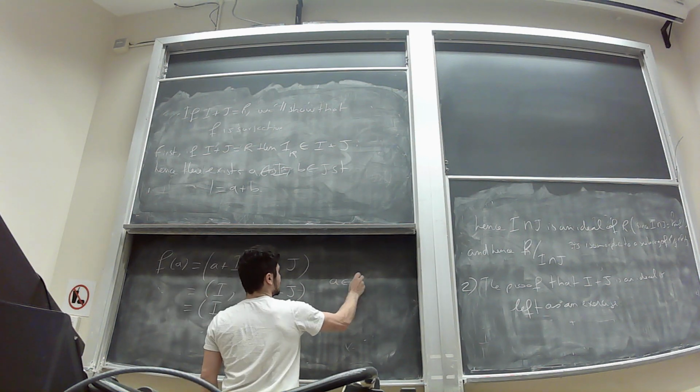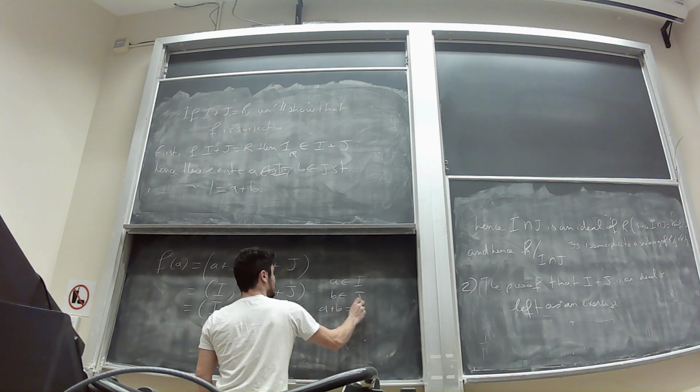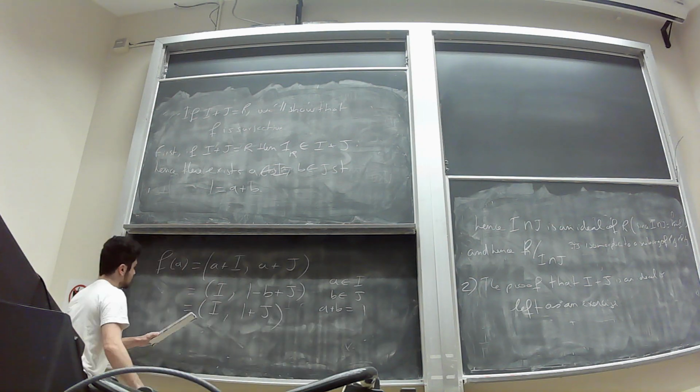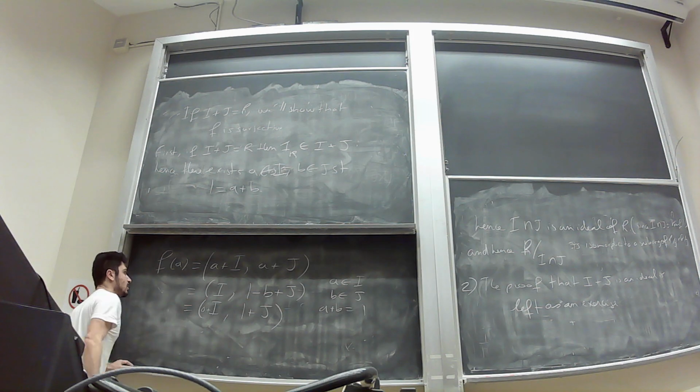A belongs to I, b belongs to J, and a plus b is equal to 1. Great. So I managed to hit 0 plus I and 1 plus J.